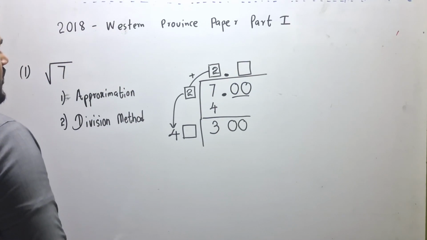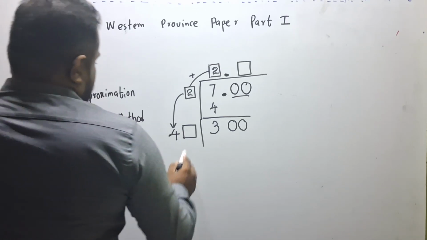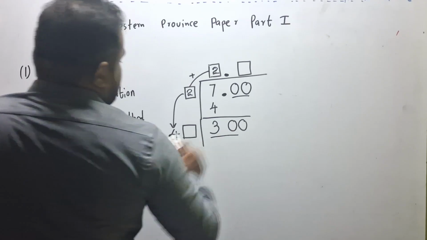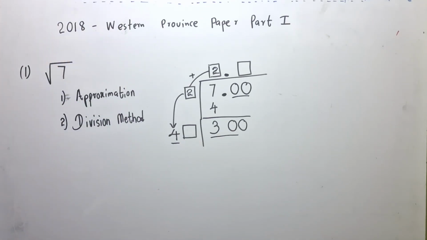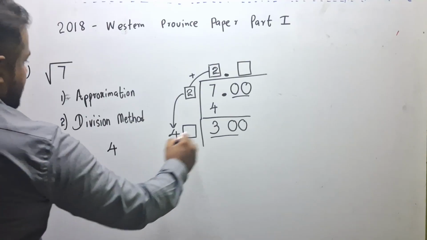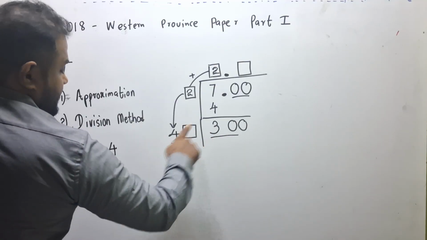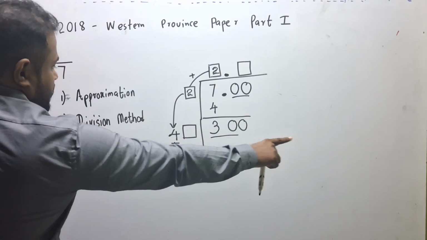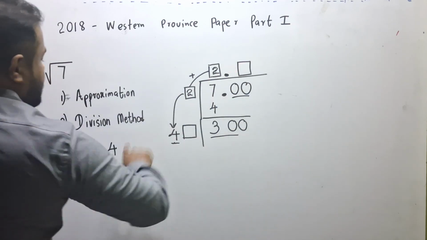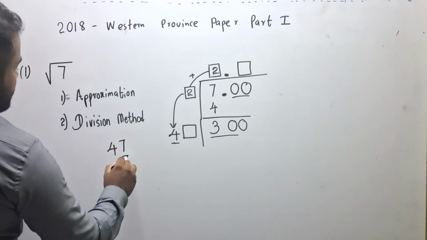Okay. You can think like this. This is 4 times something. 4 times what is closer to 30? 4 times 7 is 28. Okay. You can put 7 here and 7 here and check. 47 into 7.